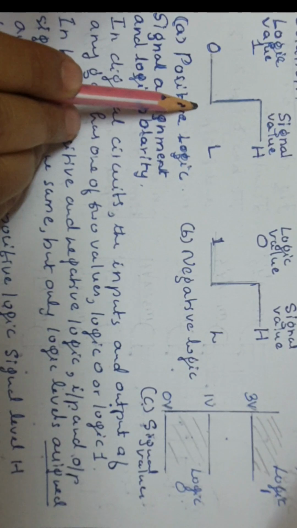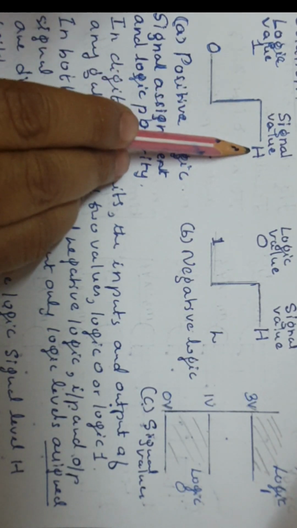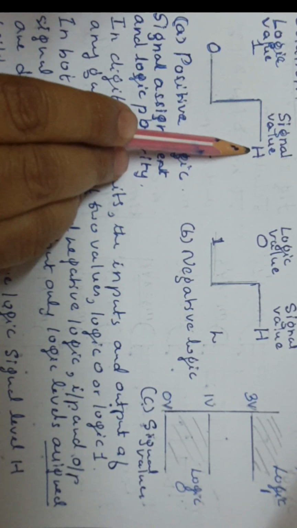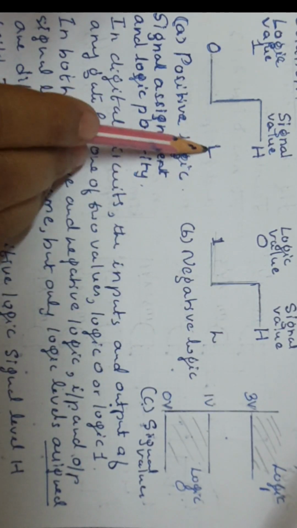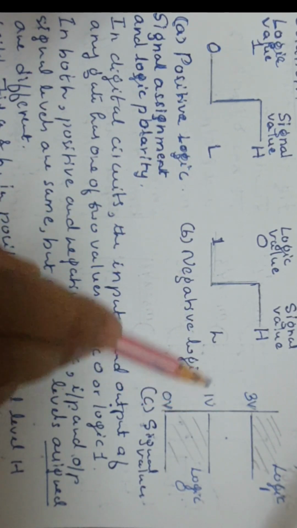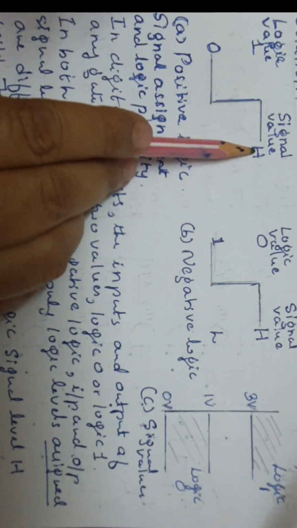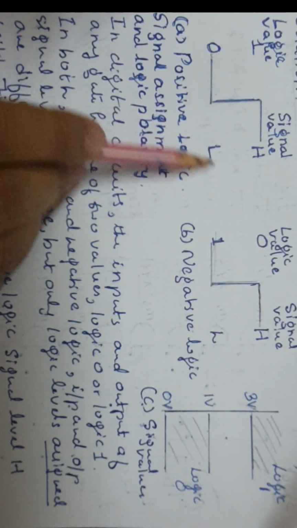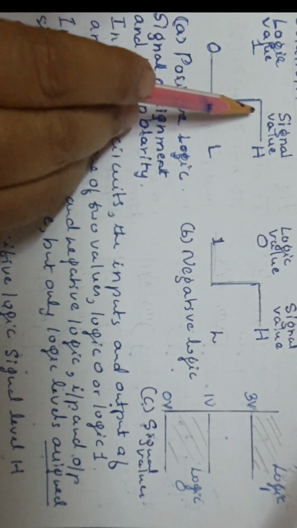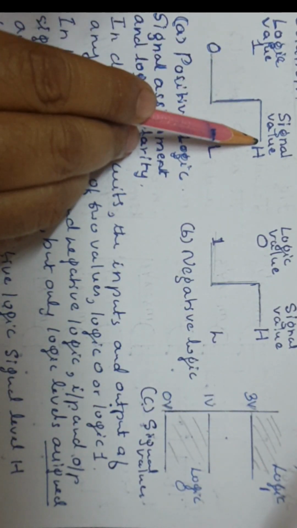If you observe this figure for positive logic, what is the signal level? It is high, meaning above 3 volts. What is the signal value here? Low, that is 0 to 1. These signal values are indicated in the form of high and low levels here. Then what is the logic value or level assigned to this?